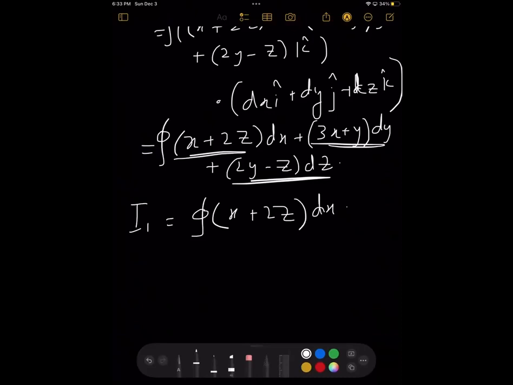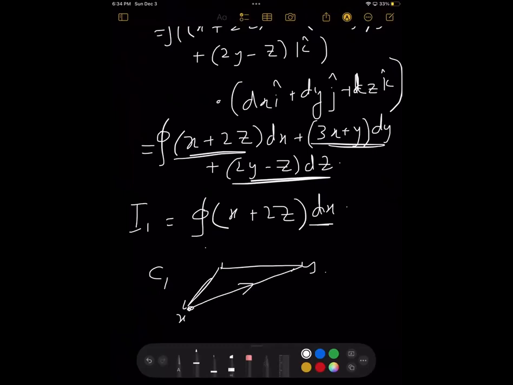This is dx in the xy plane, C1. So C1 is in the xy plane. This is the curve we are talking about, counterclockwise.